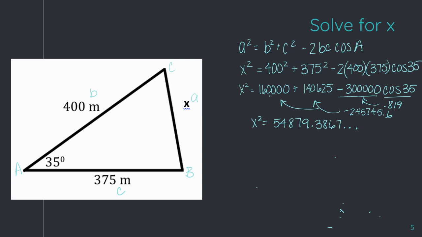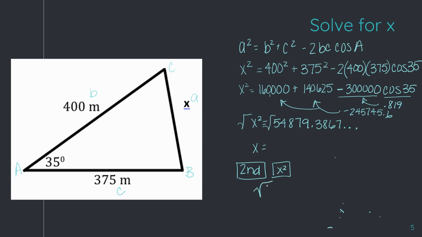I need to find x. Again, leave this number on your calculator. Do not delete it. What we need to do is square root to finish solving. On your calculator, hit the second button and then the x squared button.